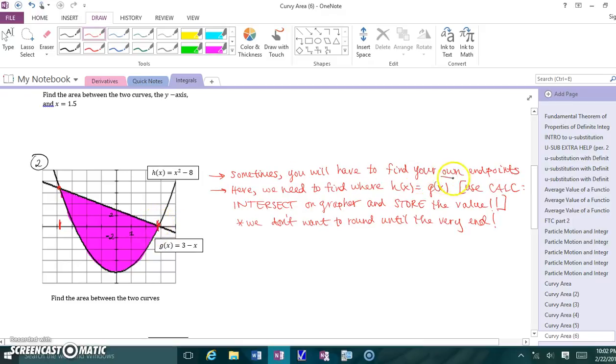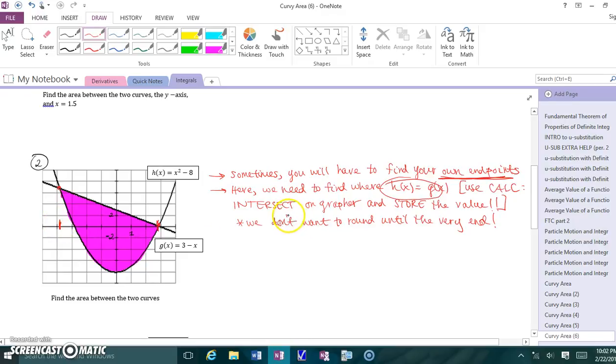Sometimes you're going to have to find your own endpoints, and that's the beauty of the graphing calculator because it makes it easier. Sometimes you can do it by hand. Like the next one, I'll do it by hand. It's actually quicker. But in this case, we need to find out when the curves are equal to each other. So when does h equal g? Because that's the intersection point, and that will give you the x values right there.